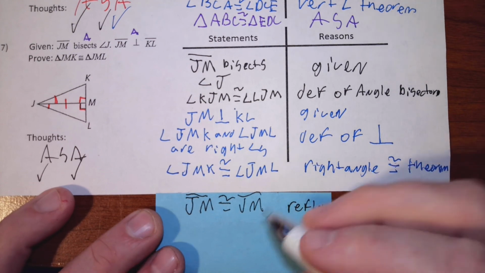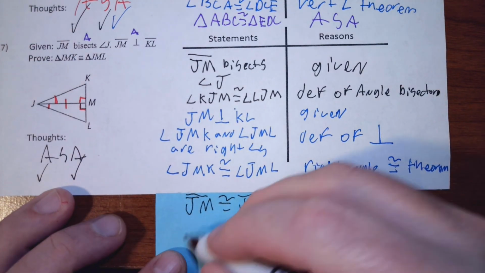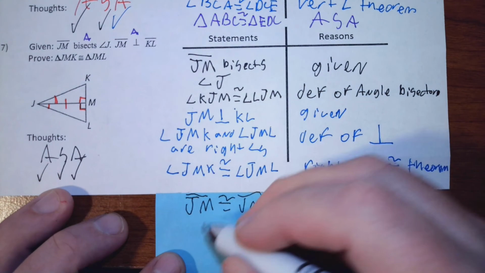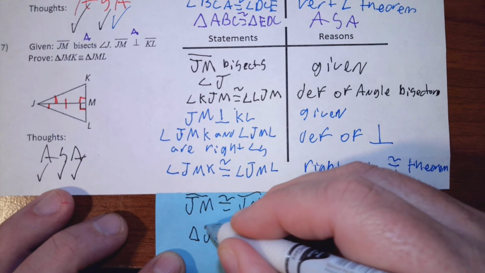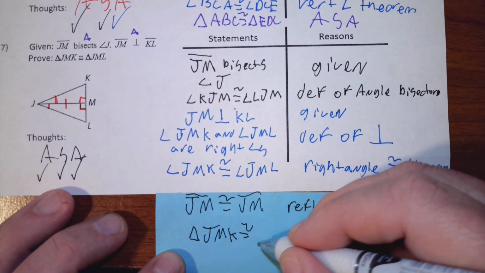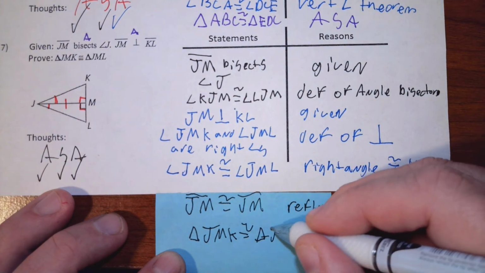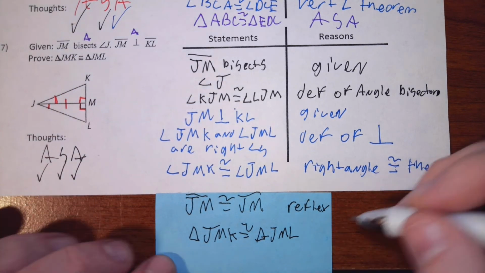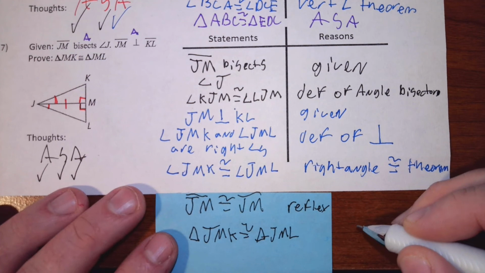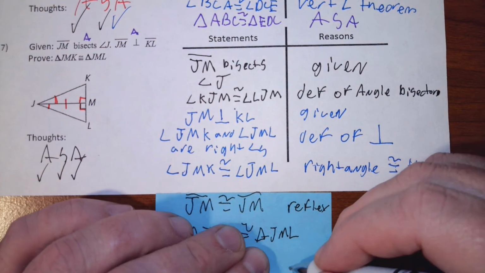Ran out of room there, and so we can finish it out because we got our side here. Triangle JMK is congruent to triangle JML, and that is because of the ASA.